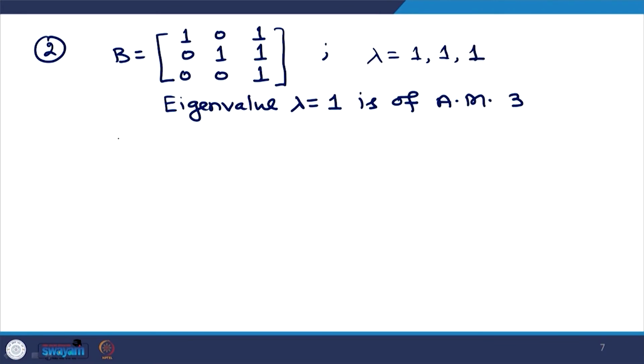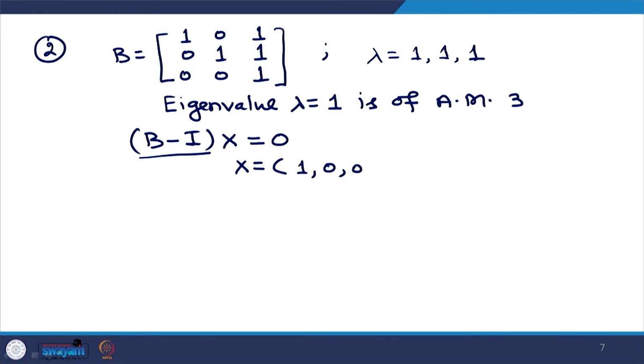Now, to find the eigenvectors corresponding to lambda equals 1, you solve (B minus lambda I)x equals 0, and in the null space of B minus I we have 2 linearly independent solutions, meaning the nullity of B minus I is 2, and those 2 vectors are x equals (1, 0, 0) transpose and (0, 1, 0) transpose.